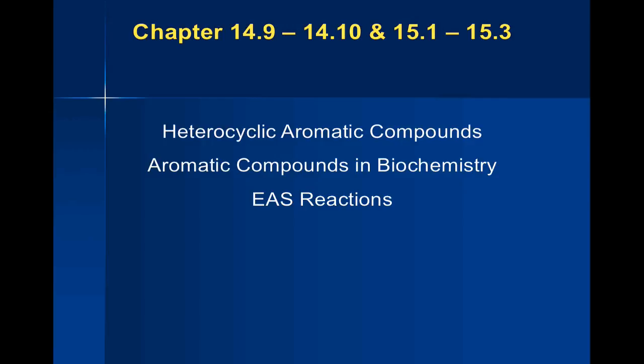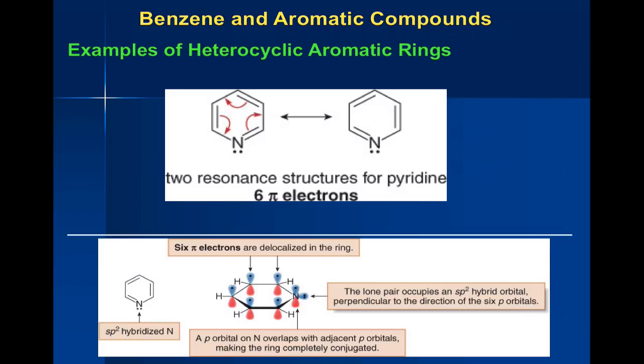The fortunate thing about EAS reactions is that the mechanism is very simple, and it's the same mechanism no matter what your electrophile is. The concern for you will be remembering what reagents you need to get the electrophile you need. So we're going to talk about these three things today in the time that we have left.